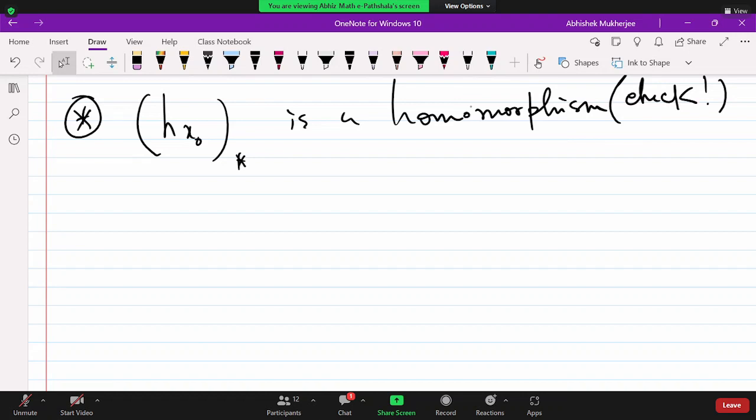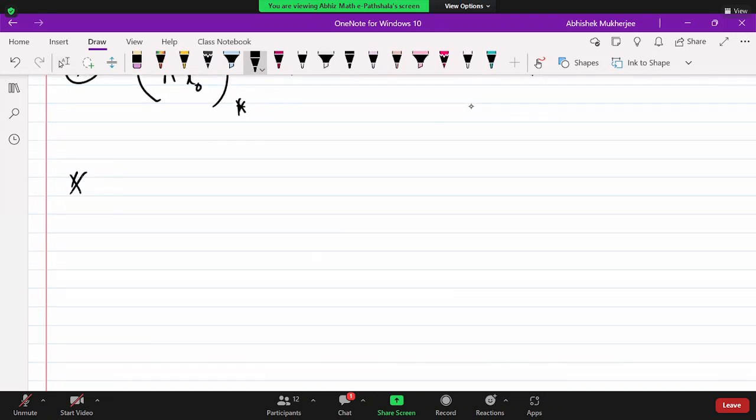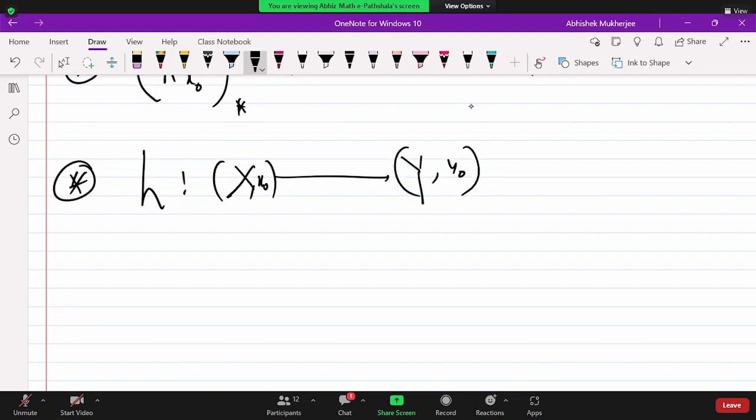Okay. So if you are considering three spaces, X, Y and Z, with a continuous map here, let us call it h, taking x naught to y naught, and another map, let us call it k, from Y, y naught to Z, z naught, right?